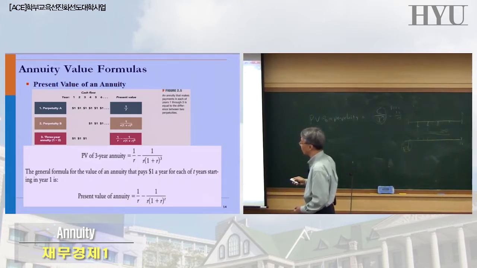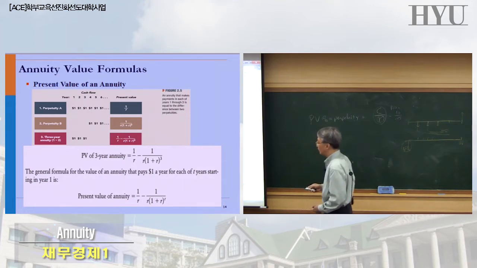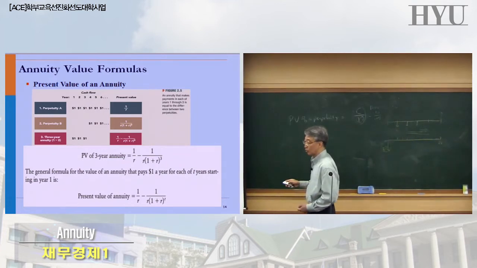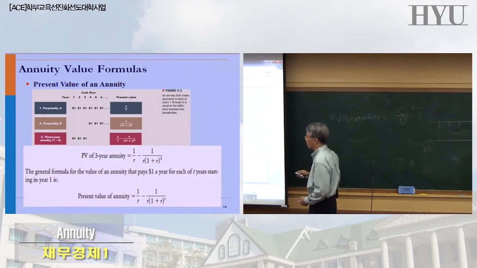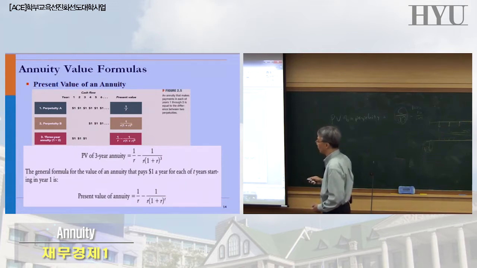Let's say there is a series of $1 payments. That's a perpetuity. We just learned that the present value of a perpetuity is cash divided by R, so the present value is 1 divided by R.